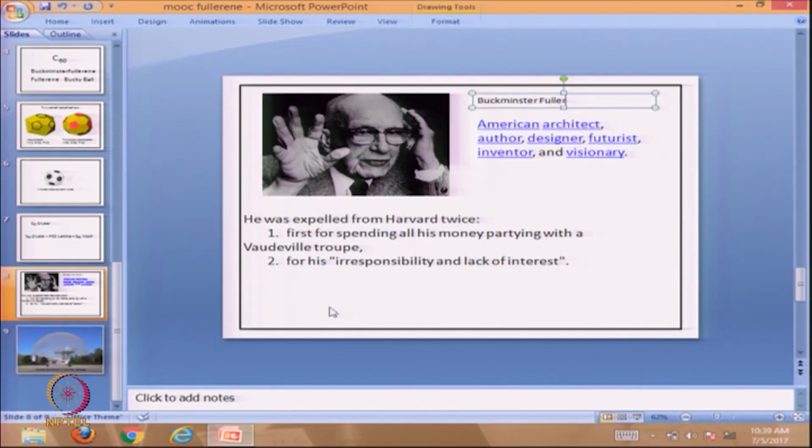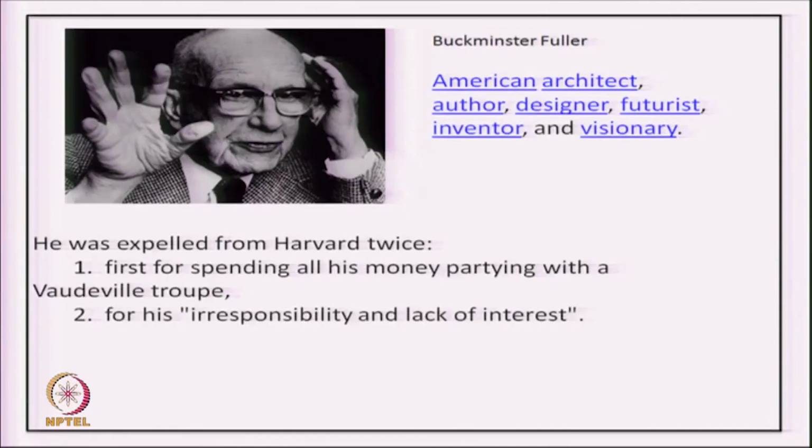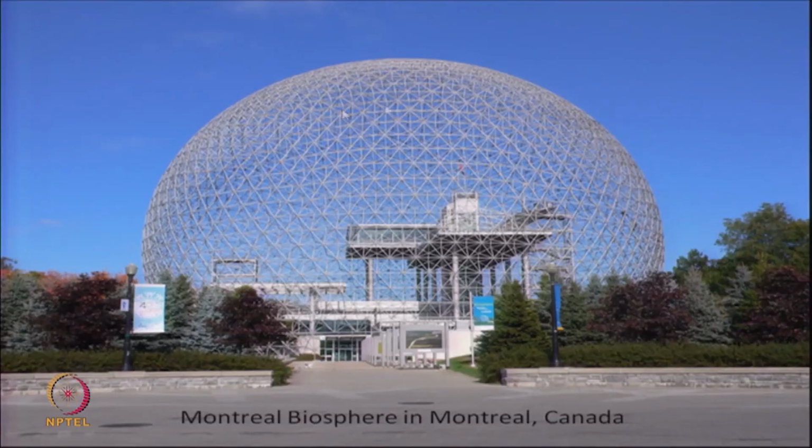He was famous for designing so called geodesic domes. I show you here one such example, the Montreal Biosphere in Montreal, designed by Buckminster Fuller, and you can see it is a huge dome made up of hexagons, and possibly you will have to find pentagons also, because a lattice grid of only hexagons will always be flat.